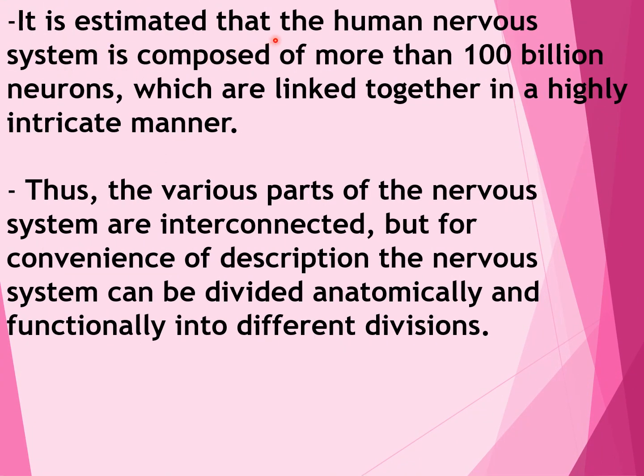It is estimated that the human nervous system is composed of more than 100 billion neurons, which are linked together in a highly intricate manner. So the various parts of the nervous system are interconnected, but for the convenience of description, the nervous system can be divided anatomically and functionally into different divisions.